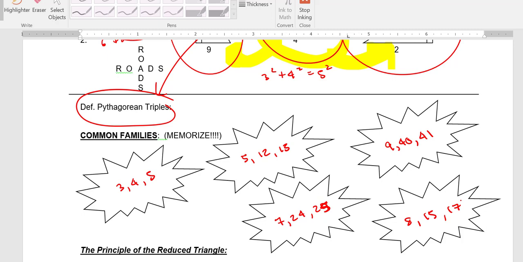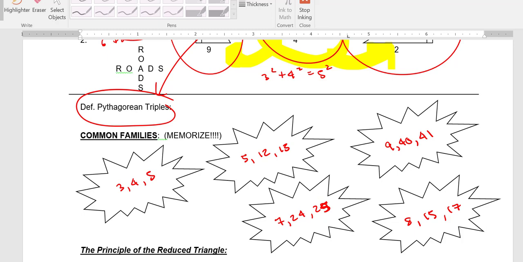All 5 of these are very useful to know for this class, as well as for the SAT, ACT. It's basically a shortcut to help you on problems that have to do with the Pythagorean theorem.